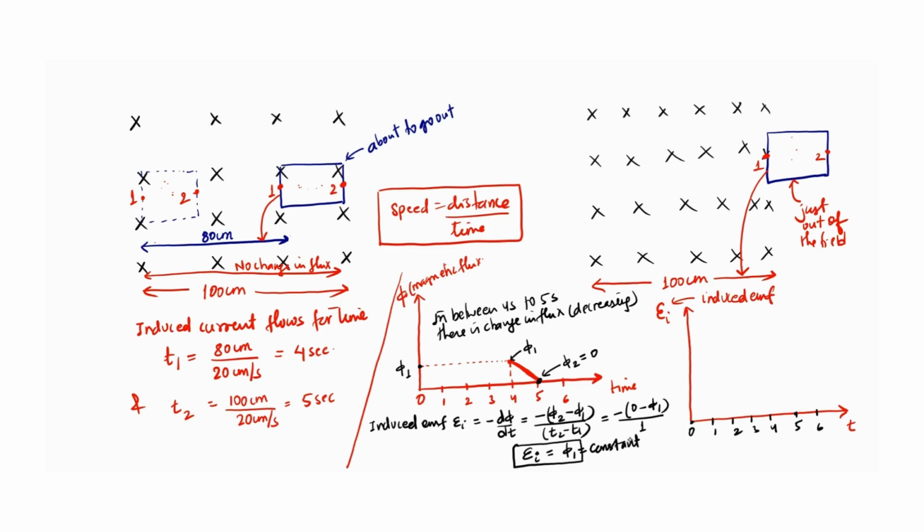Numerically, induced EMF is numerically phi 1, and phi 1 is the flux corresponding to time 4 seconds. So for time 4 to 5 seconds, EMF is constant, that is phi 1. So this is the plot of EMF versus time.